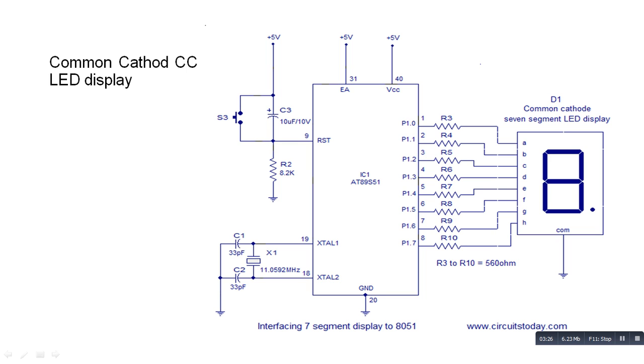While displaying the result or the data using the 7-segment LED or any other display device, the clock pulses required are generated through XTAL 1 and XTAL 2, because an oscillator is connected, having an oscillator frequency of 11.0592 megahertz. So in this way the LED 7-segment display is connected to the 8051 microcontroller.